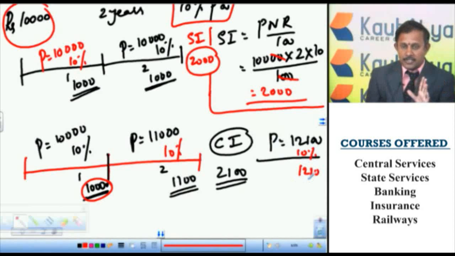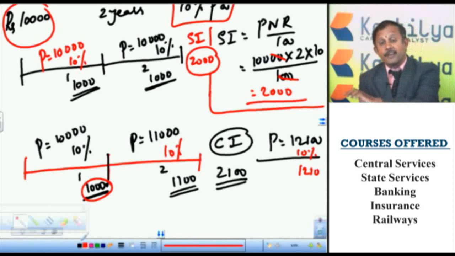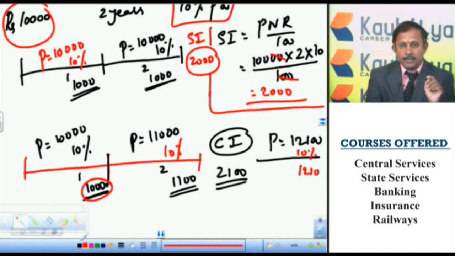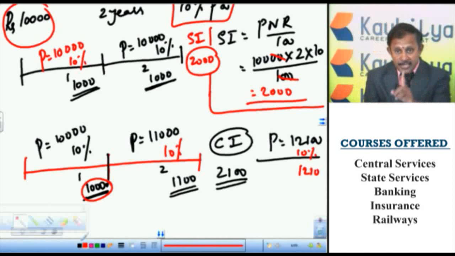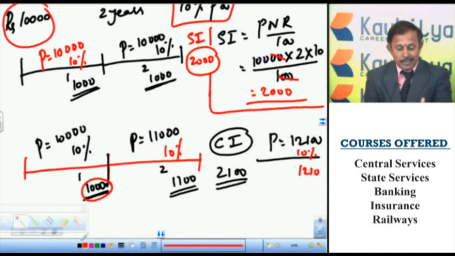So what you have to observe is the first difference between simple interest and compound interest. In the case of simple interest, the principal value remains unaltered, the same for any number of years. But in the case of compound interest, the principal value increases periodically.